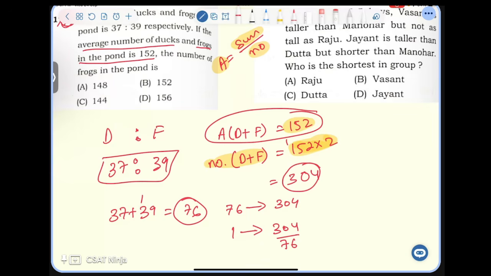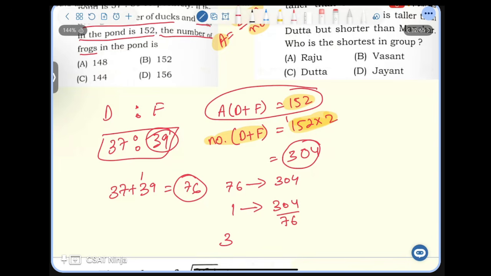So now, what do we need to find? We need to find the number of frogs in the pond. Frogs, how much? 39. So I'll just multiply by 39. 304 divided by 76 into 39. So 39, can we cancel it?